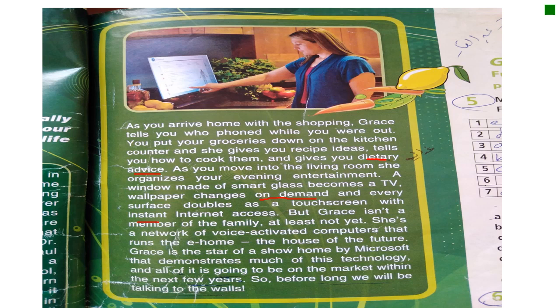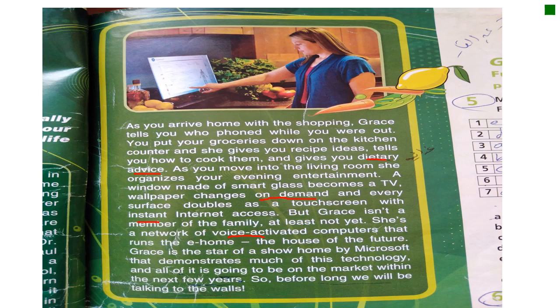But Grace isn't a member of the family, at least not yet. She's a network of voice-activated computers that runs the e-home, the house of the future. Voice-activated, it's an adjective. It means relating to a device that starts working when it hears somebody's voice.